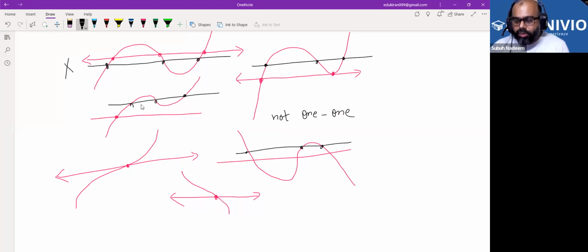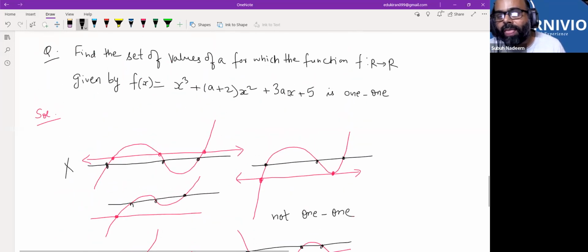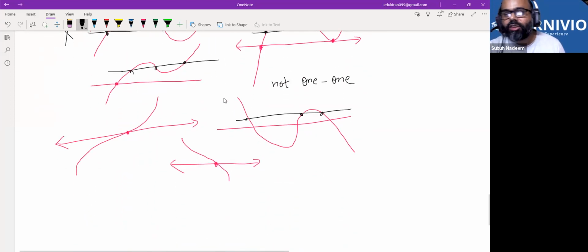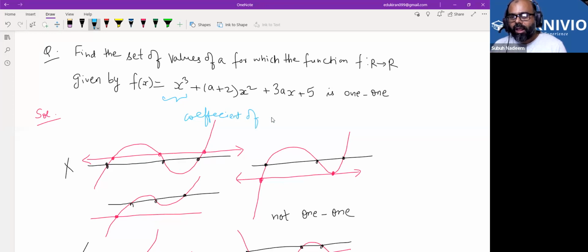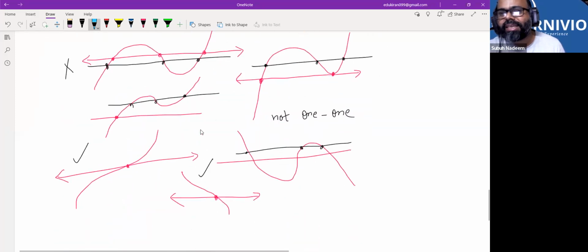And if you talk about one-one, then you can say that either you have this type of graph that is always increasing, or this type of graph always decreasing. But here the coefficient of x cube is equal to 1, which is positive. So in that case, if the coefficient of x cube is 1, which is positive, it will be increasing, not decreasing.